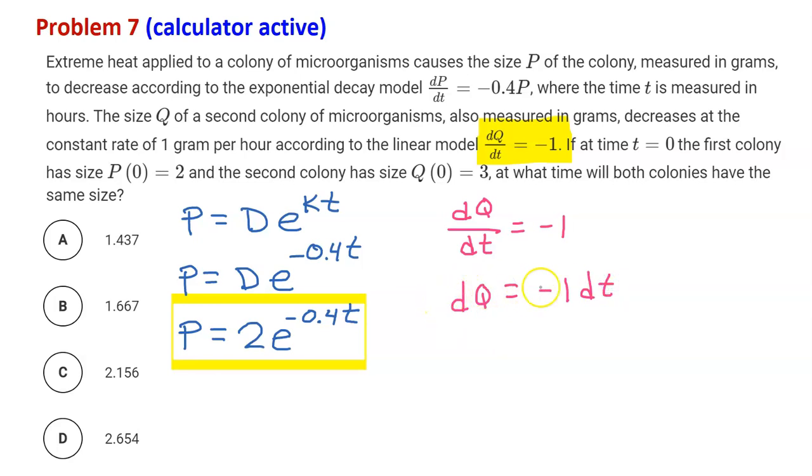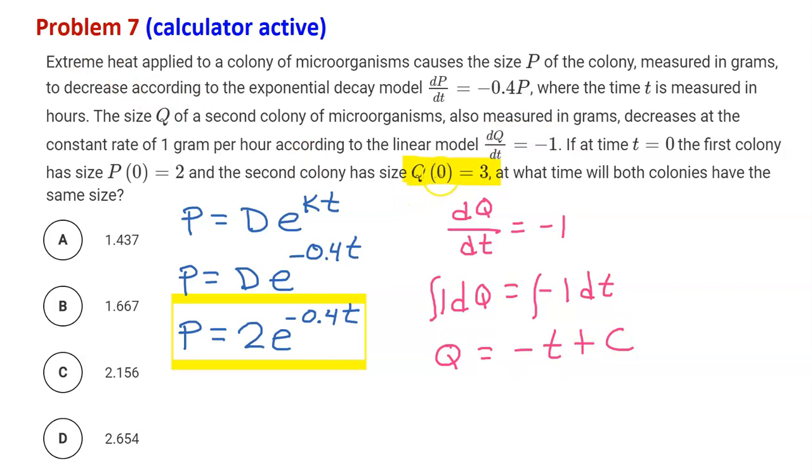Now take the integral of both sides of the equation. The integral of 1 dQ is just Q. And the integral of negative 1 dt is negative t plus C. Can't forget the constant of integration.